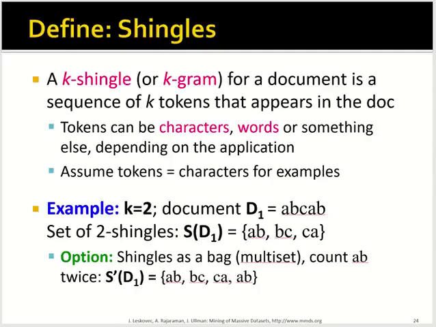If so, then there would be 27 to the power 5 possible shingles. Since the typical email is much smaller than 14 million characters long, we would expect k equal to 5 to work well, and indeed it does.